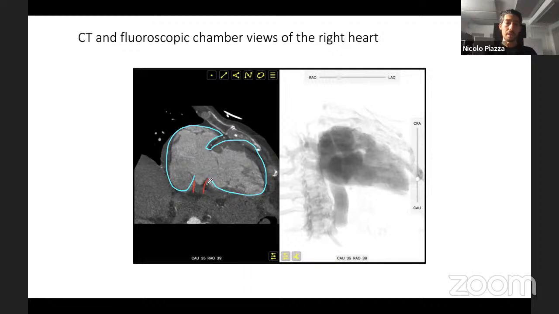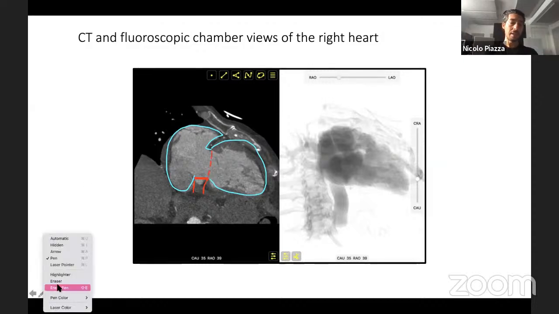This here is the coronary sinus. Okay? And the coronary sinus in a two-chamber view of the right heart is usually perpendicular to the tricuspid valve annulus. Okay?